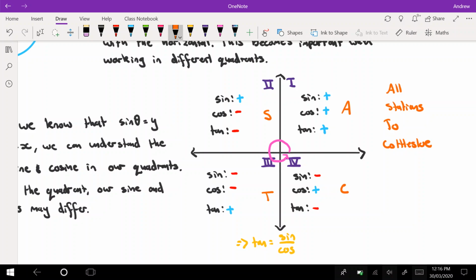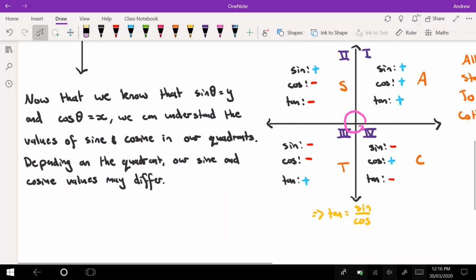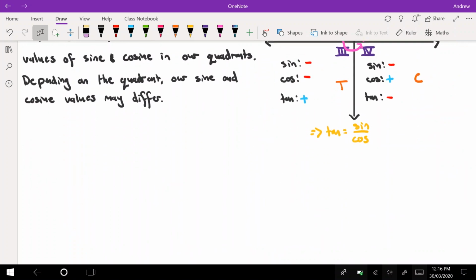It's a helpful mnemonic device trying to help you to figure out if they're positive or negative. All stations to Cottesloe, ASTC. Back on my south side of the river, we say all stations to Claremont, but you guys probably don't know what side that is. Okay, so now let's just talk in summary.